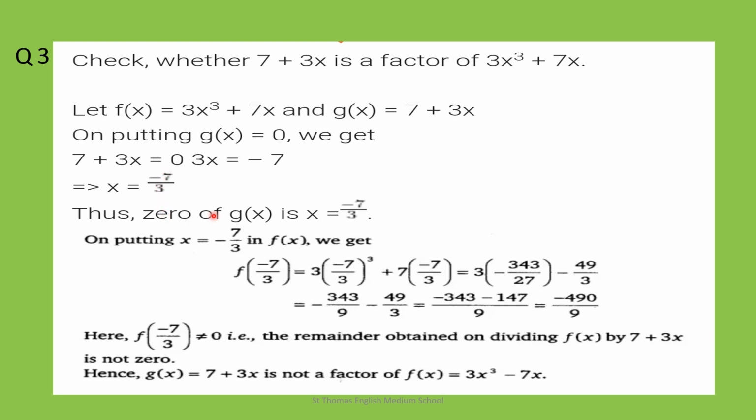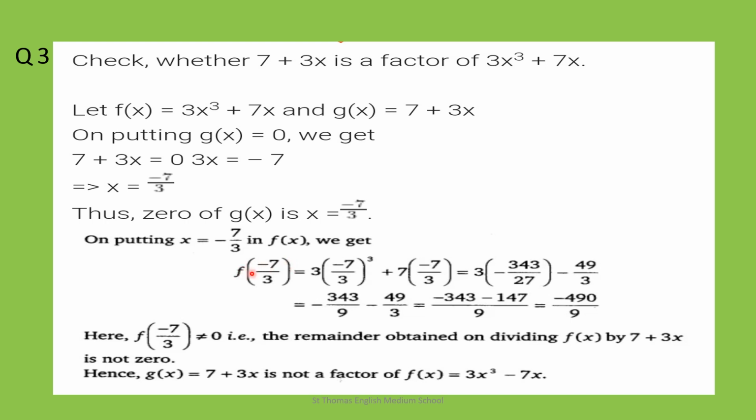Now the 0 of g of x is x equal to minus 7 upon 3. Now you are replacing x by minus 7 upon 3 in f of x to get the remainder.